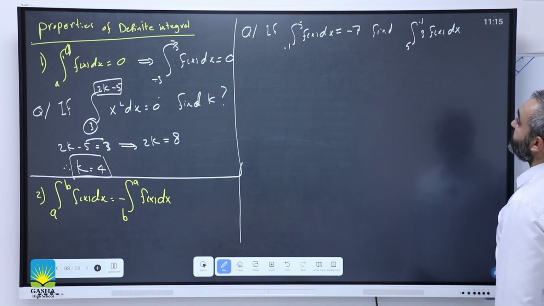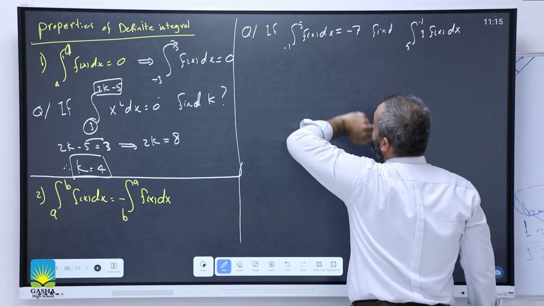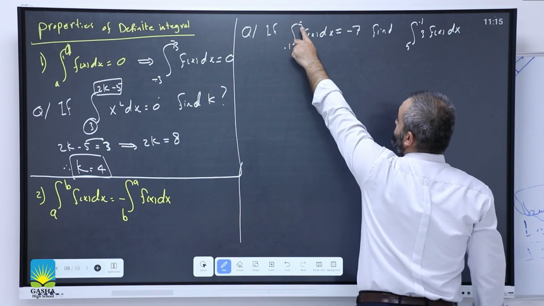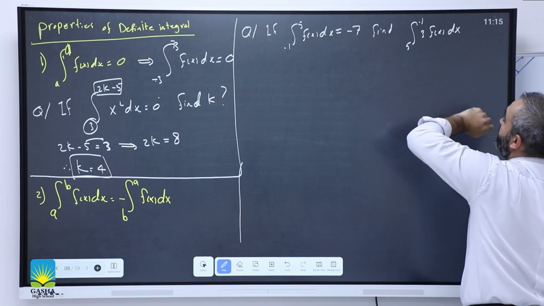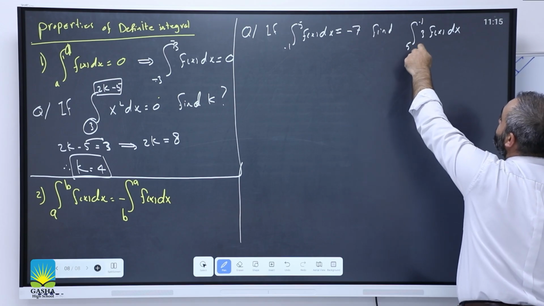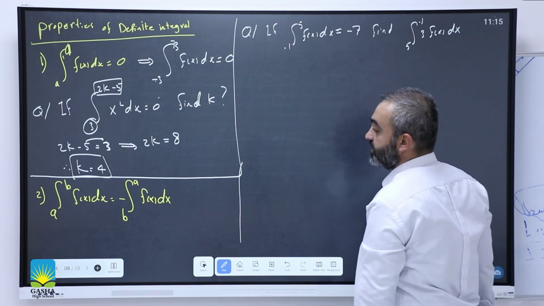So what about this? We have the key: the integral from negative 1 to 5 of f of x dx equals negative 7. But we are asked to find 5 to negative 1. It's the inverse of this.